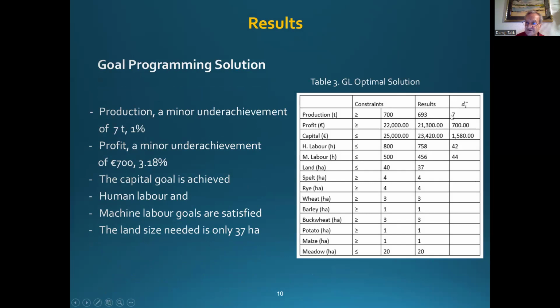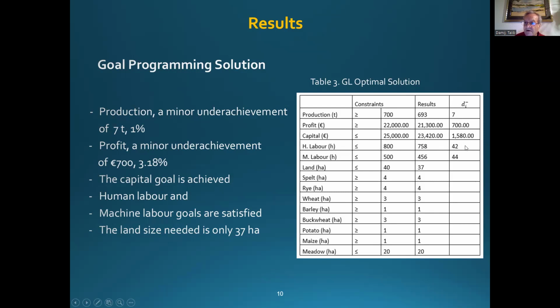It is underachievement, but still very close. So the underachievement is actually 1%. The profit here you see is less than was specified by 700 euros. Also, the expenses are less than were specified by 1,580 euros.